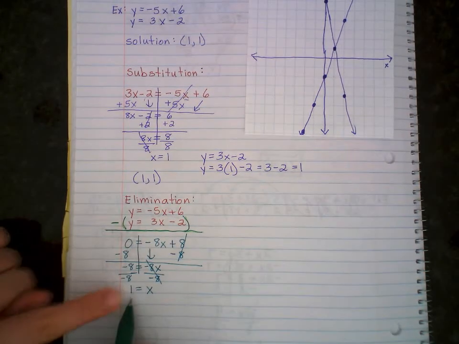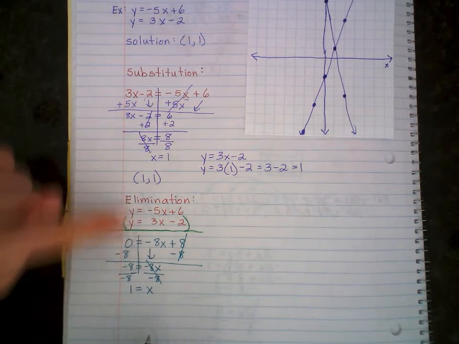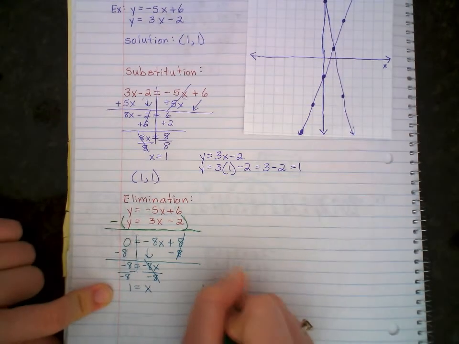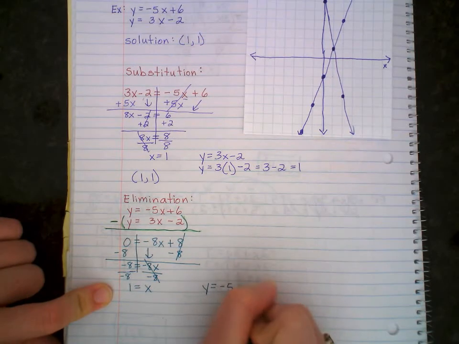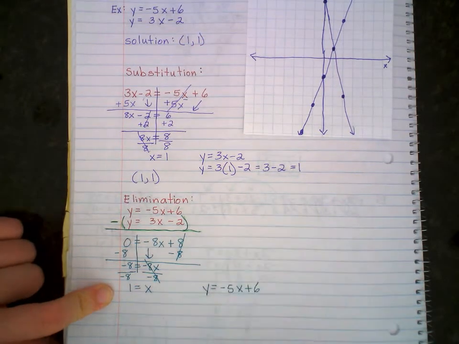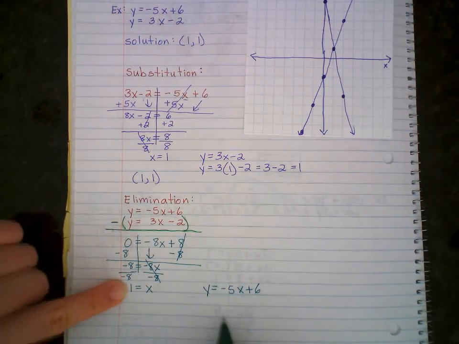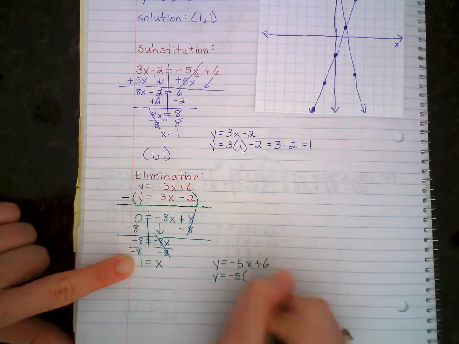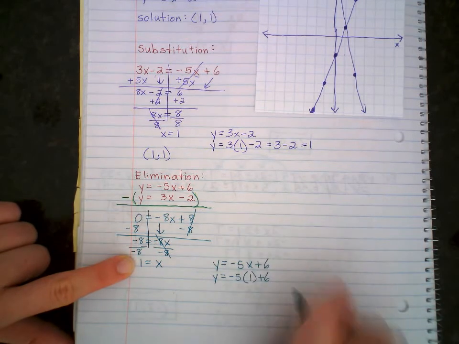Now, just the same, you plug in 1 for x in either of the original equations. Let's say we're going to plug into the first equation this time. So, plug in 1 for x. y equals negative 5 times 1 plus 6.